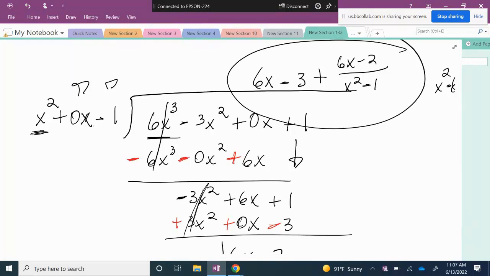And this is our quotient. Right, and I'm going to find one more that uses synthetic division.